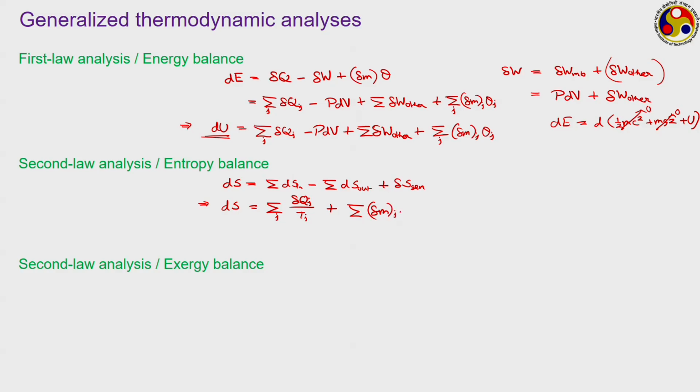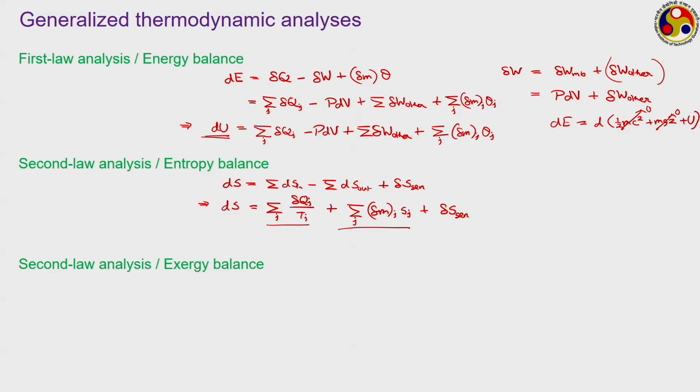So, delta m_j small s_j, where small s is the specific entropy of that corresponding mass, plus the entropy generation part. Once we have knowledge about the amount of heat interaction and mass interaction the system is subjected to, we can easily calculate this term and this term.